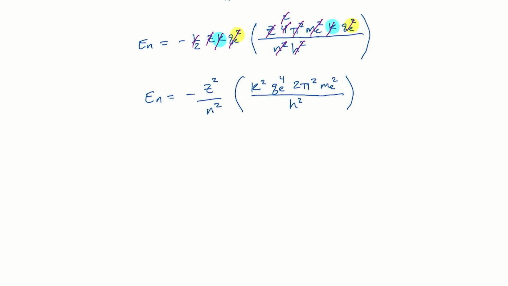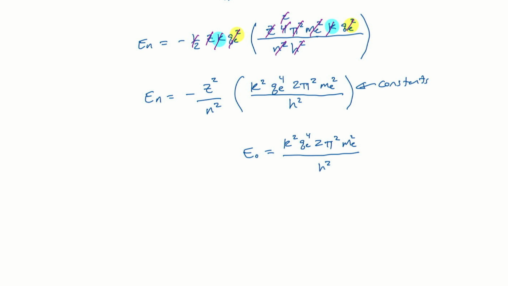All right. Now, everything in the parentheses, these are all constants. And it goes to E sub 0. So E sub 0 is k squared QE to the 4th 2 pi squared m sub e squared over h squared.